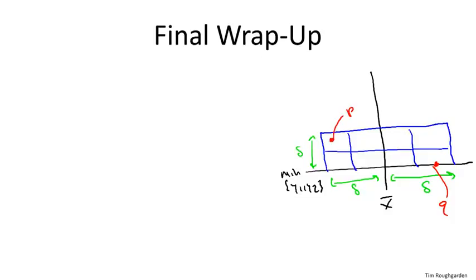So lemma 1 says that every relevant point, every point that survives the filtering and makes it into SY by virtue of being in the vertical strip, has to be in one of these boxes, okay, if it has Y coordinate in between P and Q. Lemma 2 says that you can only have 1 point in each of these boxes from the point set, so that's going to be at most 8 total.